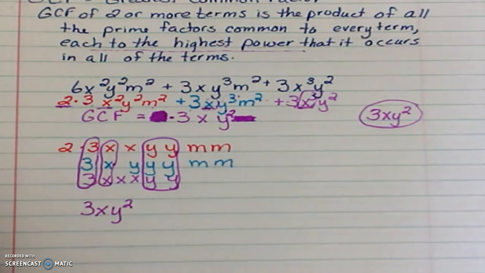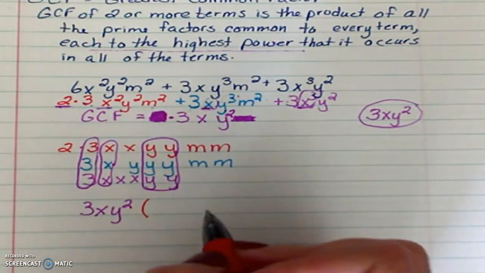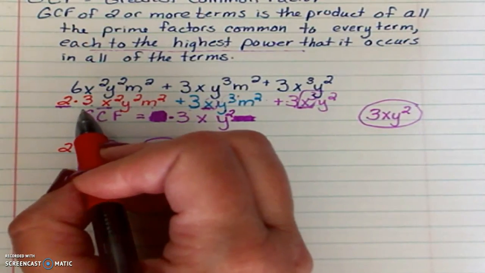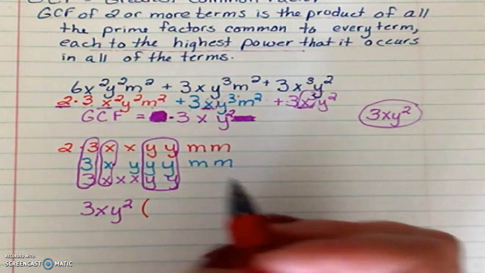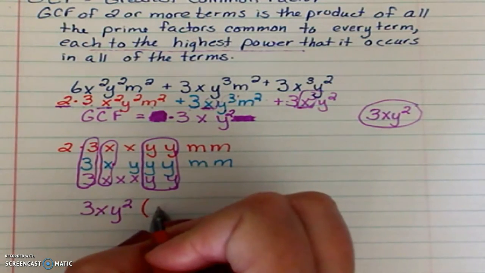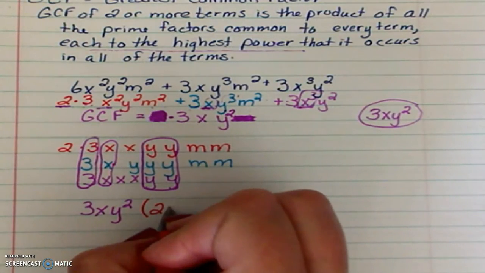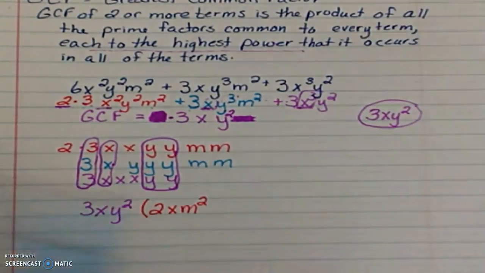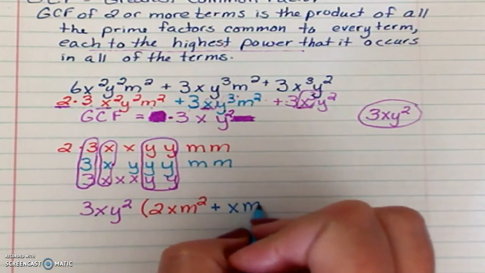Now the part that is continuing into lesson set 35 is what I'm going to write as this remainder part. If you were to factor out the greatest common factor, what you are left with is the values that are not in every single term. If I look at the top one, what I don't have circled as occurring in every single term is 2x and m squared. In that second term, what I do not have circled is x m squared.